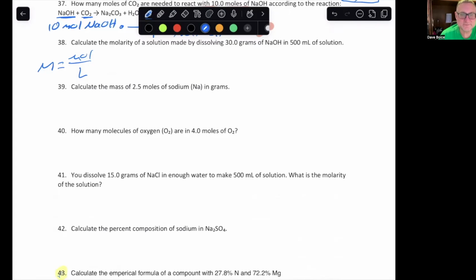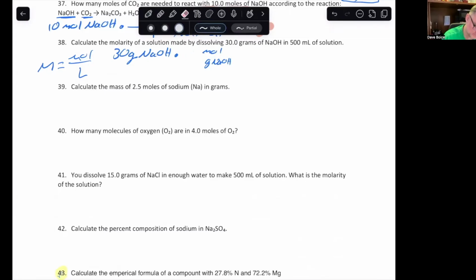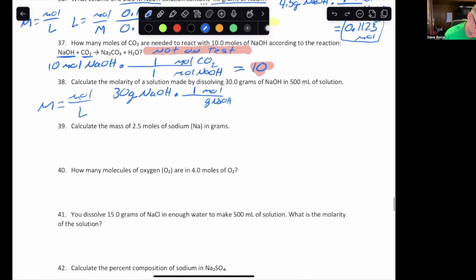All right, and so first thing I need to do is convert 30 grams of NaOH to moles, and 1 mole of NaOH is equal to 40 grams.